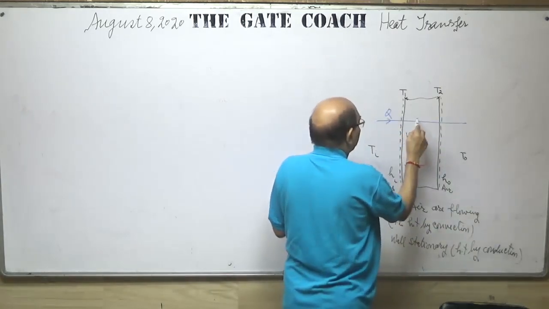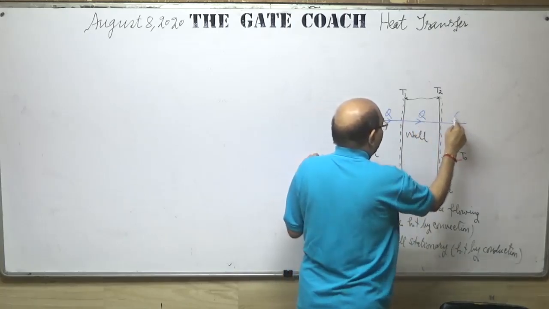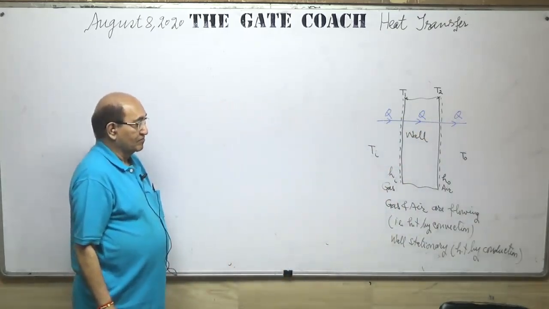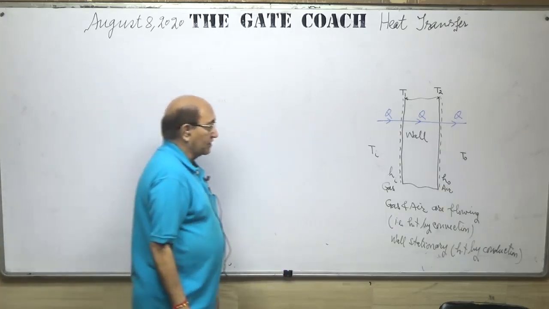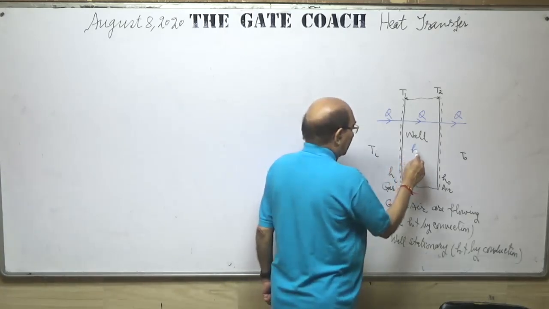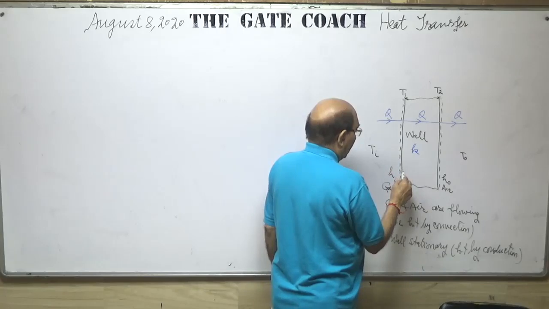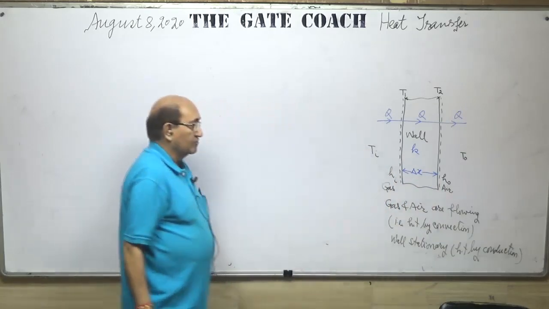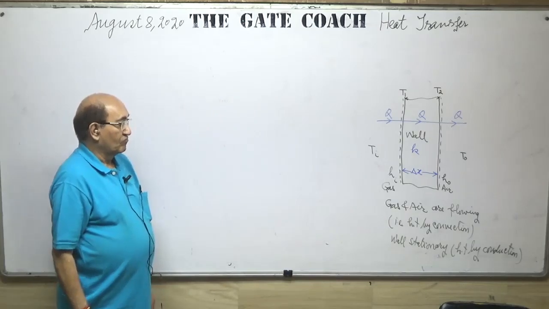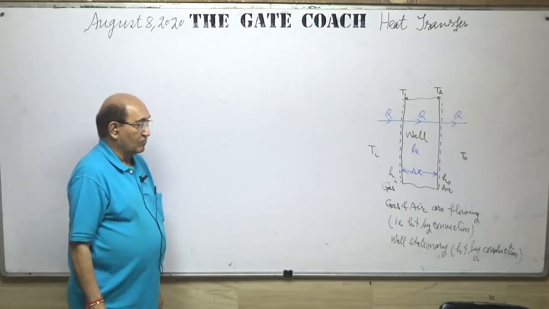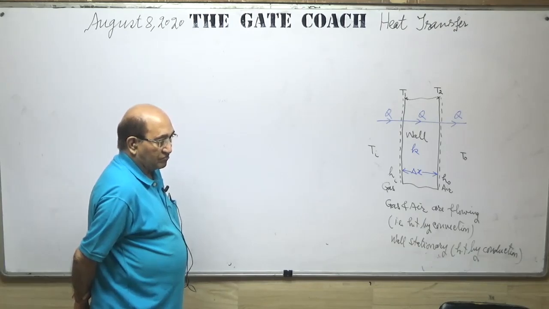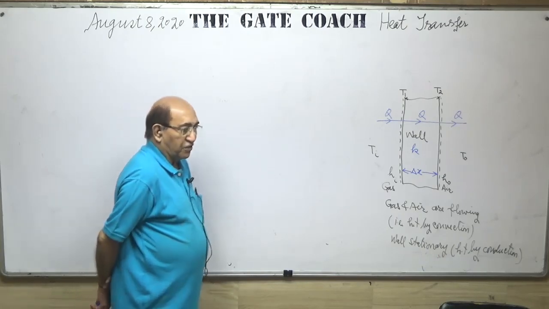Heat entering Q, passing Q, coming out Q. The thermal conductivity of the wall is K and its thickness is delta X. We have to determine the value of Q. Ti is given, To is given, T1 and T2 are also to be calculated.